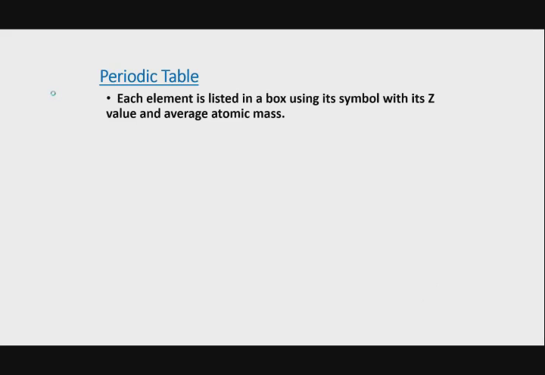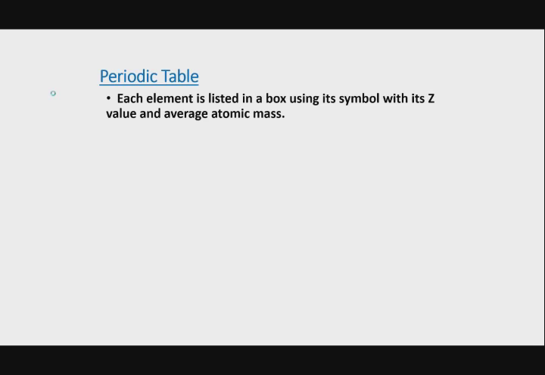A periodic table, as we said, is basically a combination of rows and columns in which elements are listed based upon their atomic number, the Z value, which also equals the number of protons in the nuclei of each atom. And for an atom, please remember, number of protons equals number of electrons.